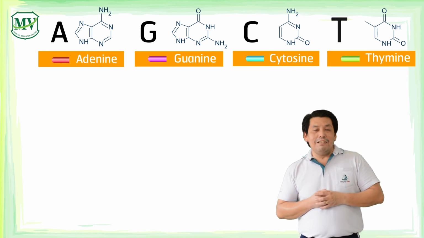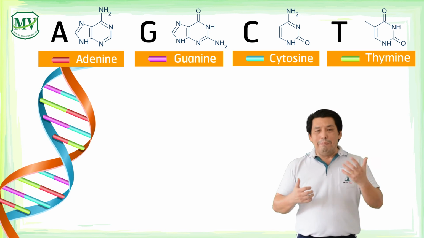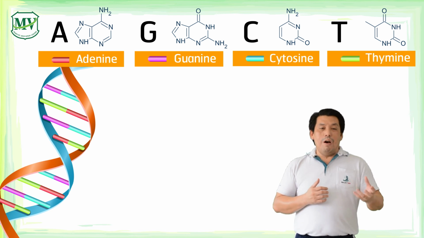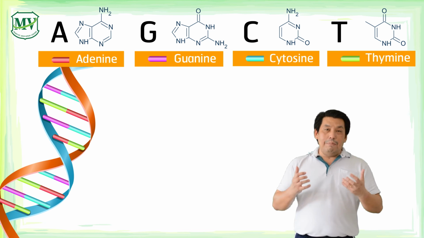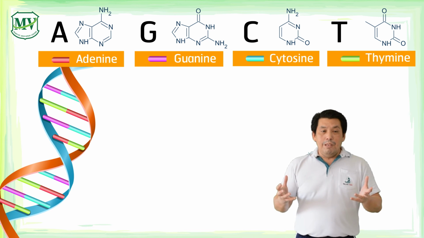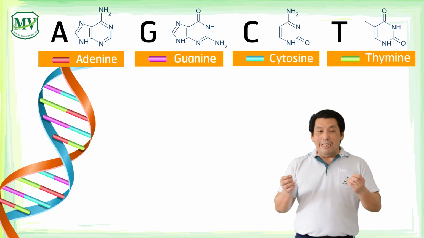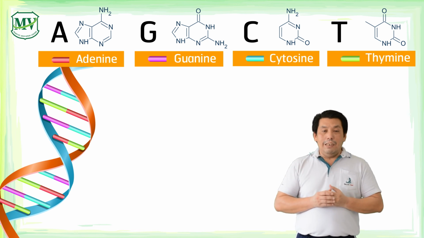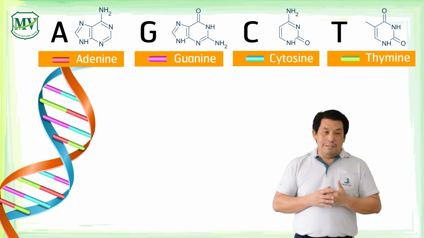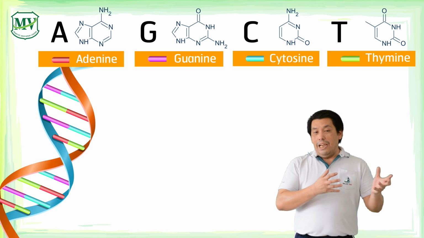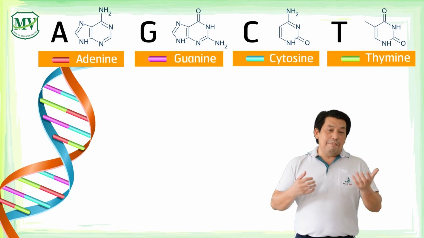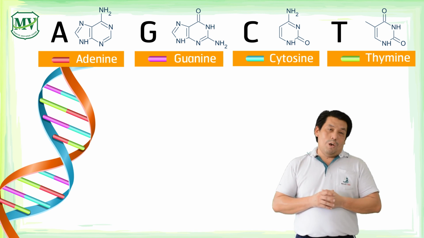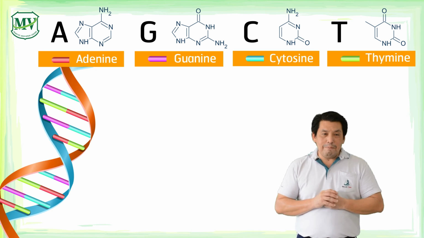Human DNA consists of about 3 billion bases, and more than 99% of those bases are the same in all people. The order or sequence of these bases determines the information for building and maintaining an organism, similar to the way in which the letters of the alphabet appear in a certain order to form words and sentences.